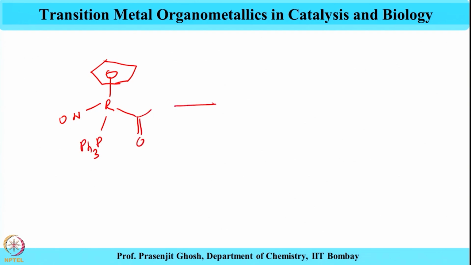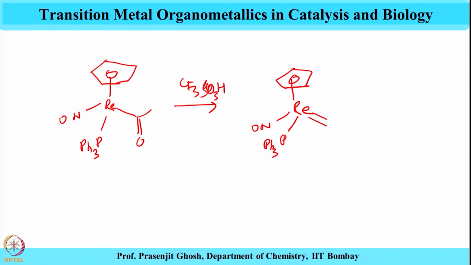CO plus CF3SO2H results in the cationic complex of rhenium, and this was made by John Gladysz in 1983.